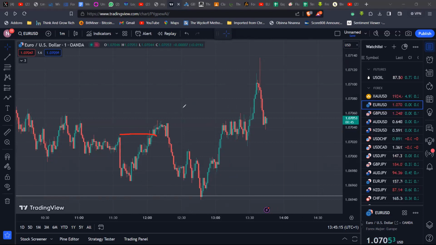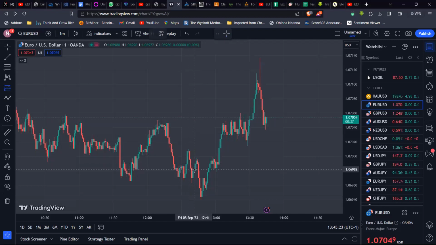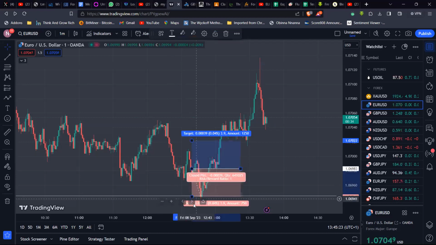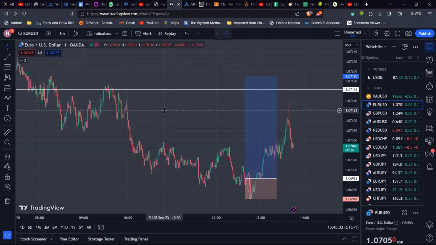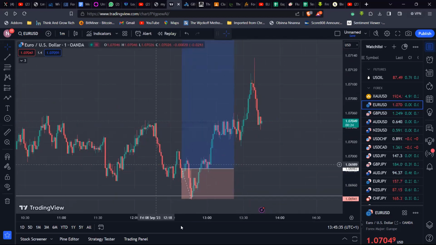I'll probably get involved in a buy somewhere like here, put my stop loss below here, and then I'll probably be going after overall highs. Now, I'll take partials along the way nonetheless, right?